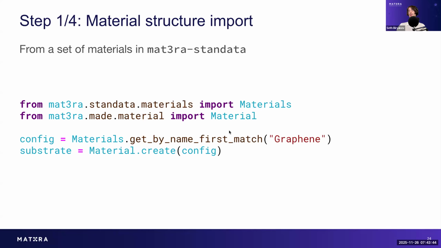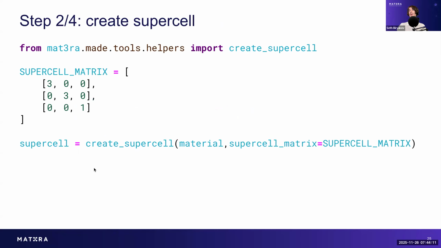For example, if we're running it inside of a script, we get the Standata materials database and get by name the first match, graphene. Then we need to create a class that we can operate upon, so we use Material from Made and create a material from config, and then all of the functionalities are available to operate on this material.